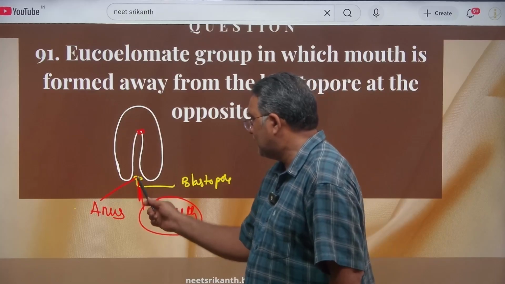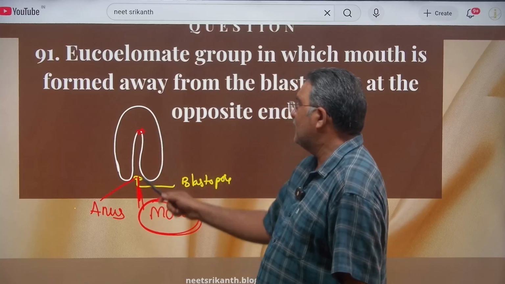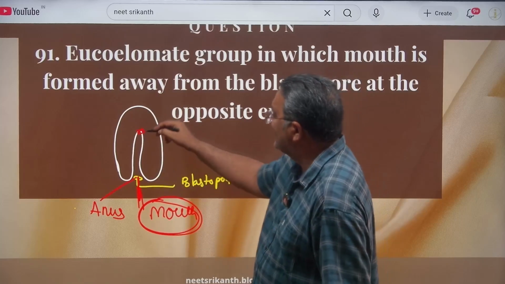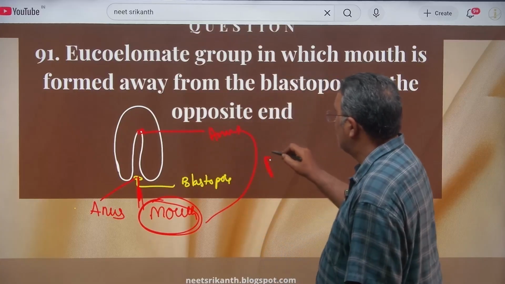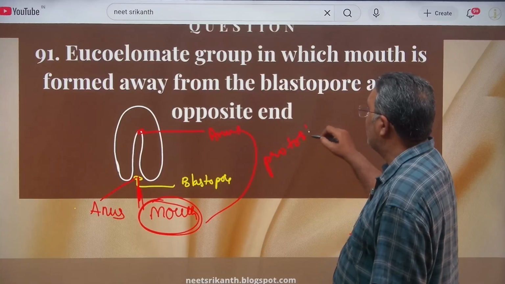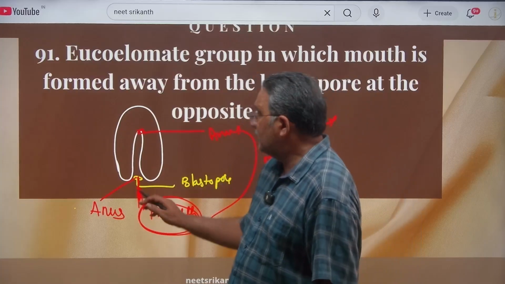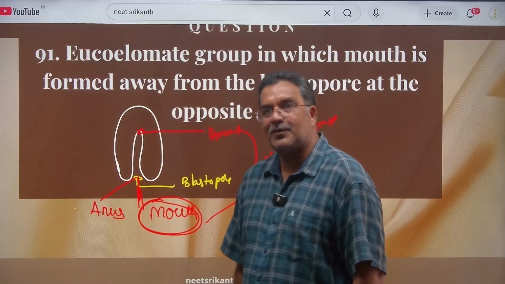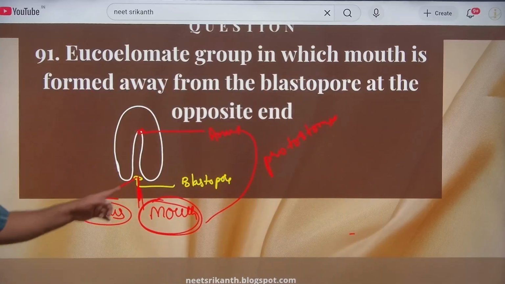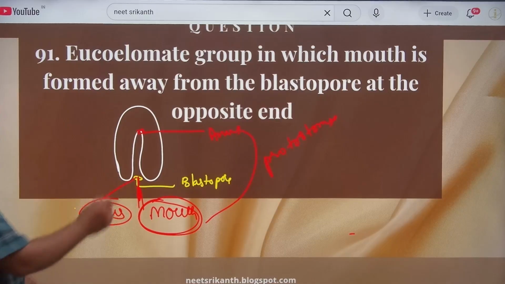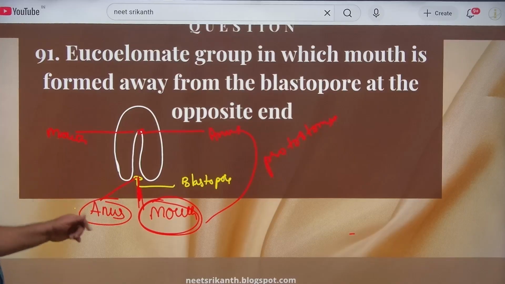In the blastopore, mouth is formed, and away from the blastopore will be anus. For whom? For protostomia. We can frame the statement like this: mouth is formed near the blastopore, anus is formed away from the blastopore. In deuterostomia, anus is formed from the blastopore, and mouth is formed away from the blastopore.